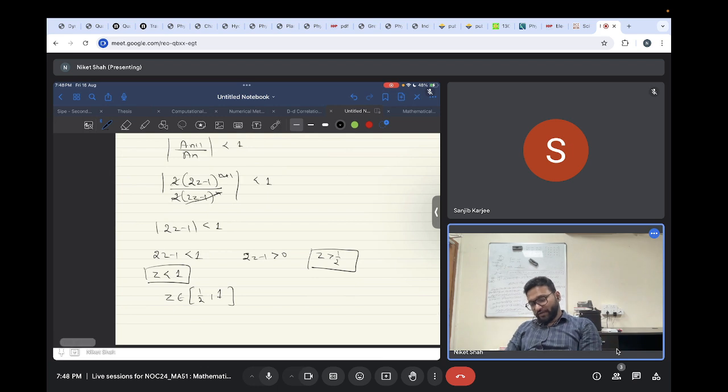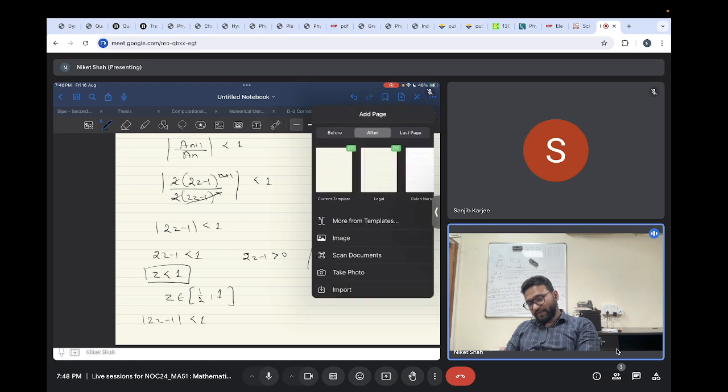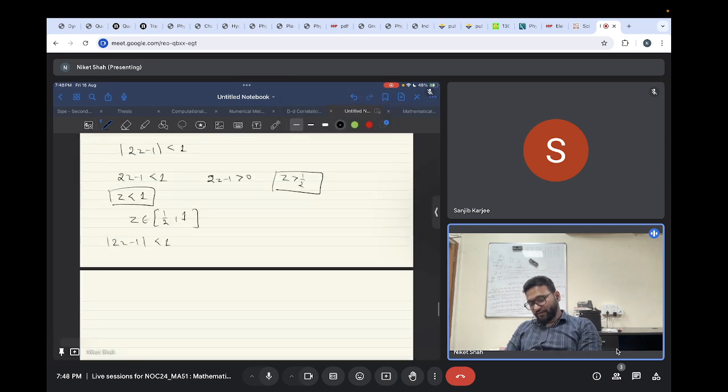The other way, if mod 2z minus 1 is less than 1, if I expand the other way where 2z minus 1 is negative, for 2z minus 1 less than 0, which means z less than half, so 1 minus 2z is less than 1.